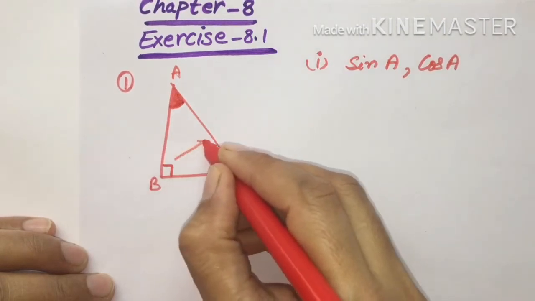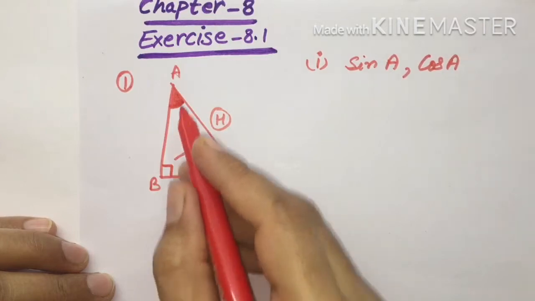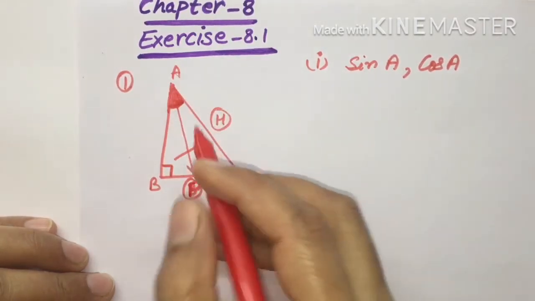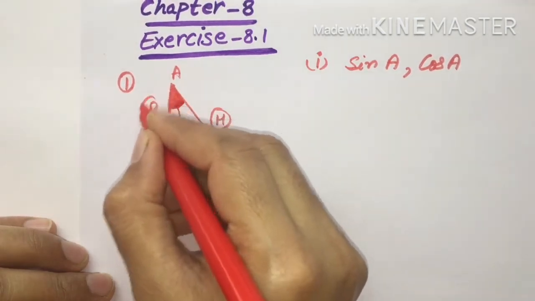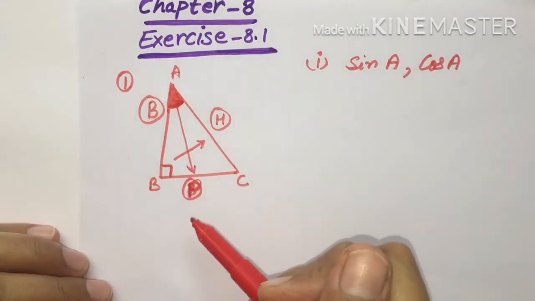As you know, the side opposite to 90 degrees is the hypotenuse. Opposite to angle A is the perpendicular, and right next to the reference angle is the base. So now we know which side is base, hypotenuse and perpendicular.